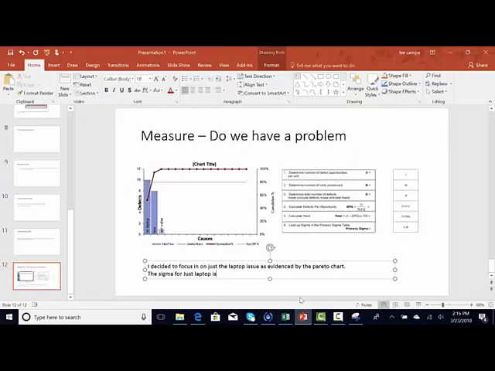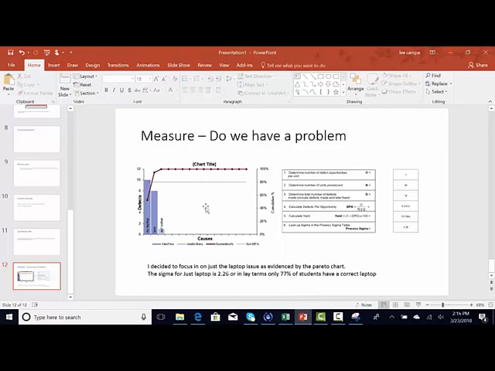There you go. 2.26, or in lay terms, only 77% of students have a laptop, the correct laptop. Remember, when y'all send me your deck, make sure there's either a lead-in statement that tells me what's going on or a takeaway statement. Otherwise, I do enough of these that I might be able to infer what this chart is saying, but this will be very helpful to me.